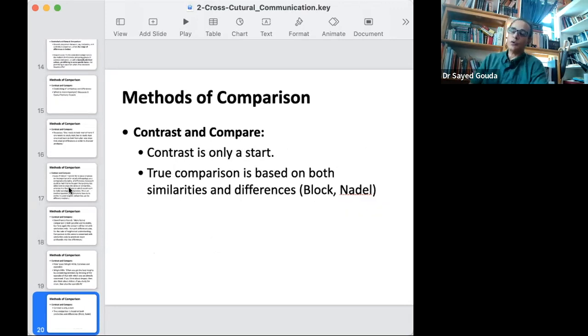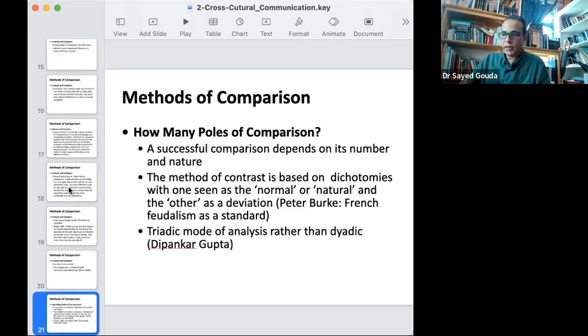So to contrast is only a start. We only try to find differences just as a start to have a true comparison. A true comparison is based on both similarities and differences. Nowadays modern scholars tend to have this understanding and follow this line, that the true comparison is based on both, and to have as many as possible.